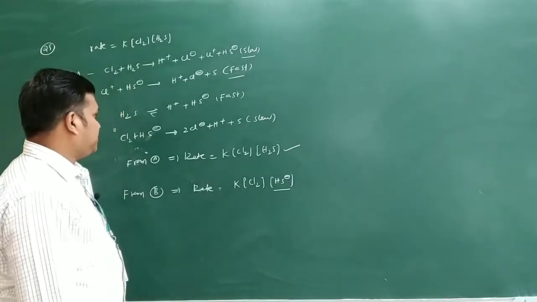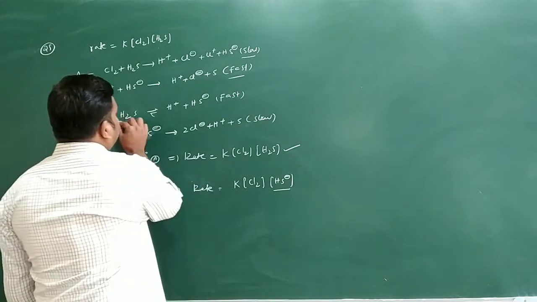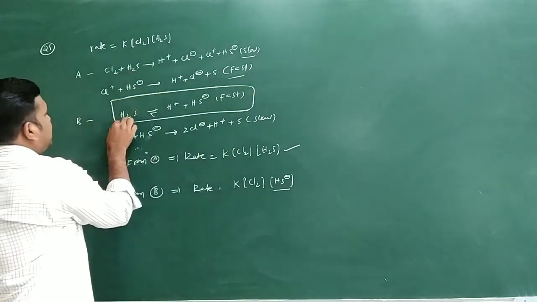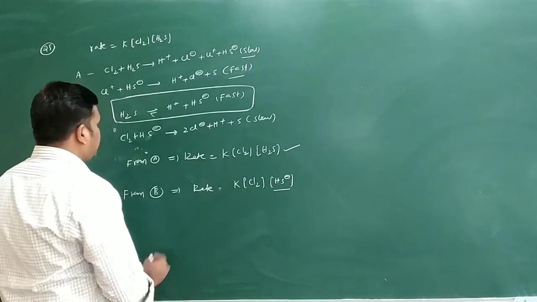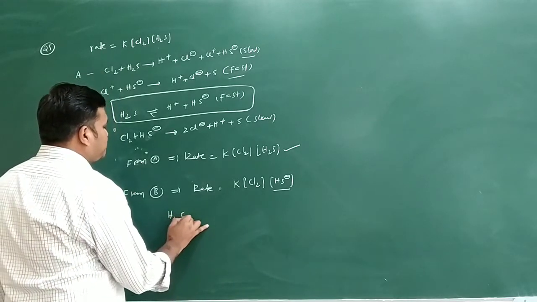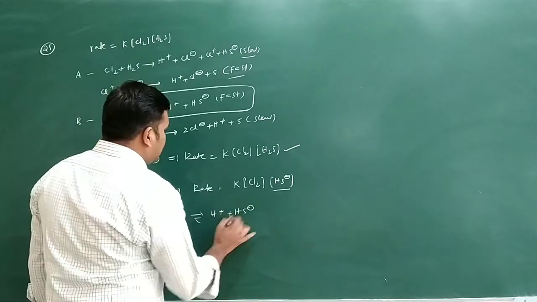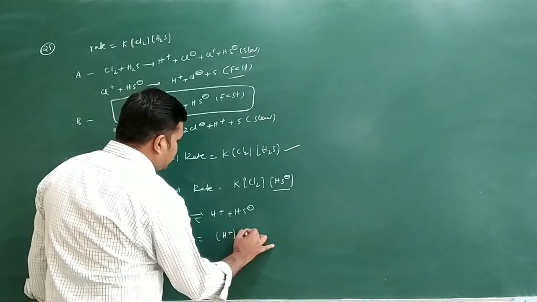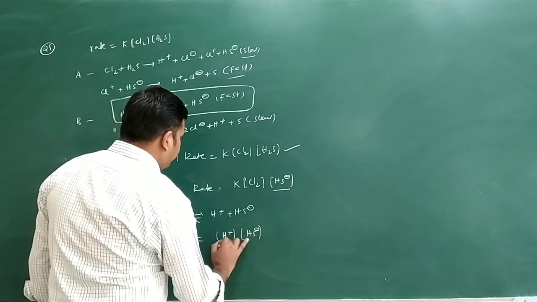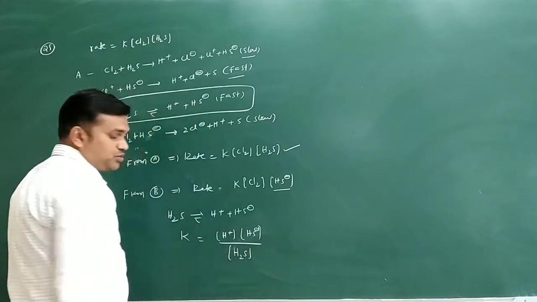For that we will take one equation and get the expression from it. This is the fast equilibrium reaction, so in this step I write the equilibrium constant K. I am taking the equation H2S gives H+ and HS-. Equilibrium constant K is equal to concentration of H+ into concentration of HS- divided by concentration of H2S.